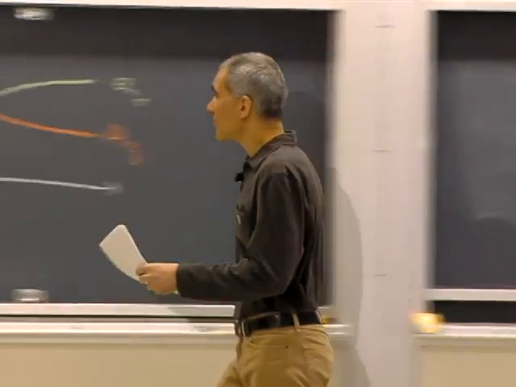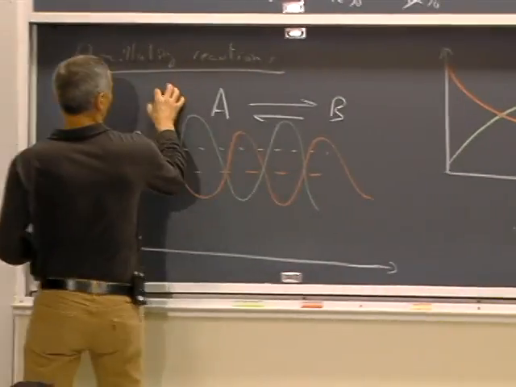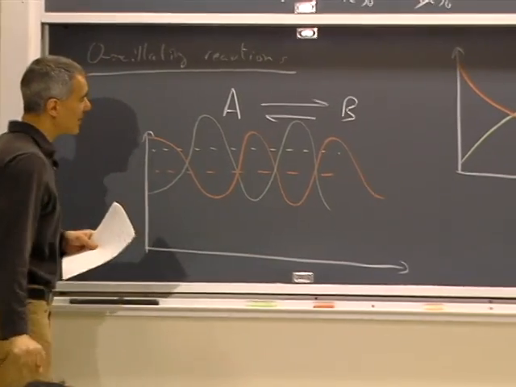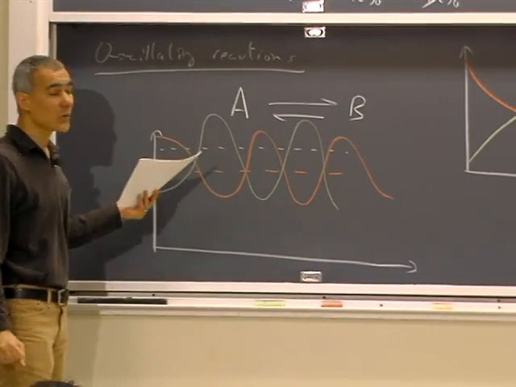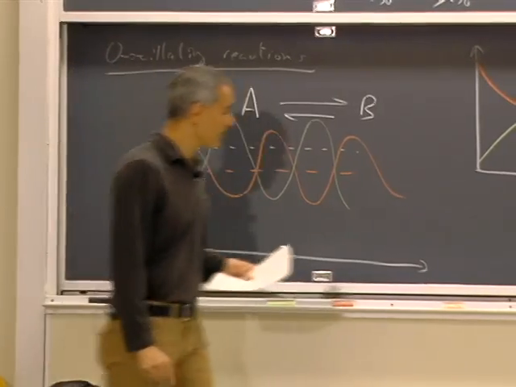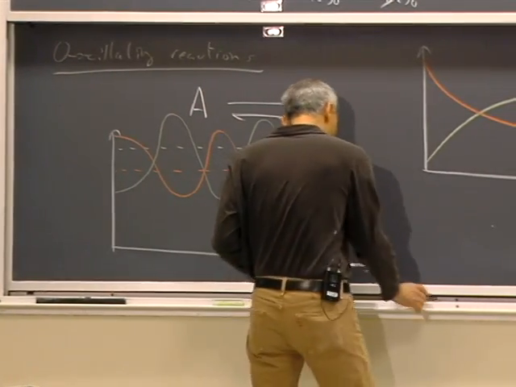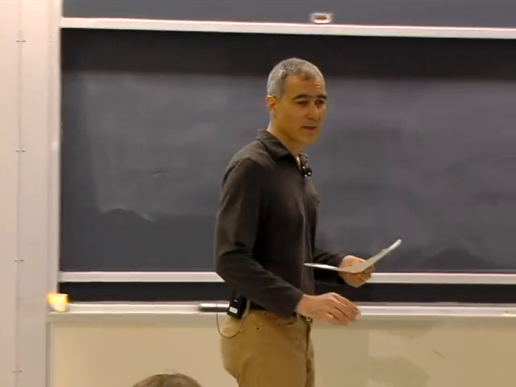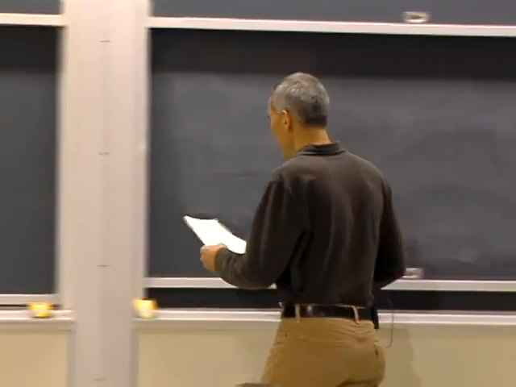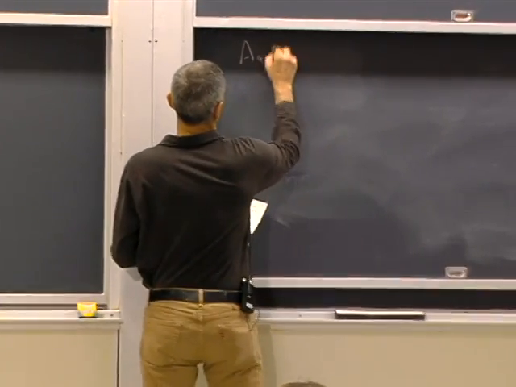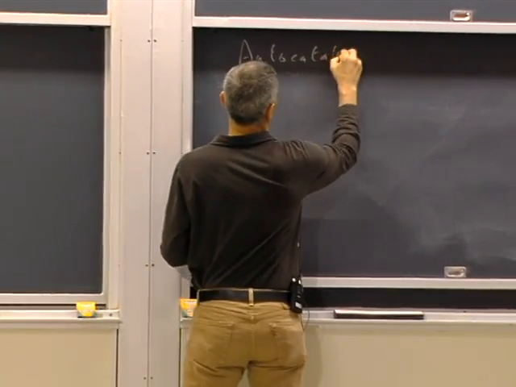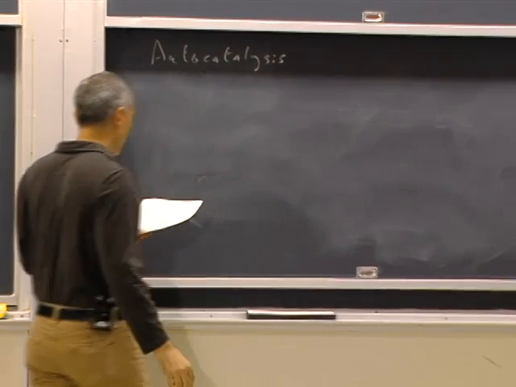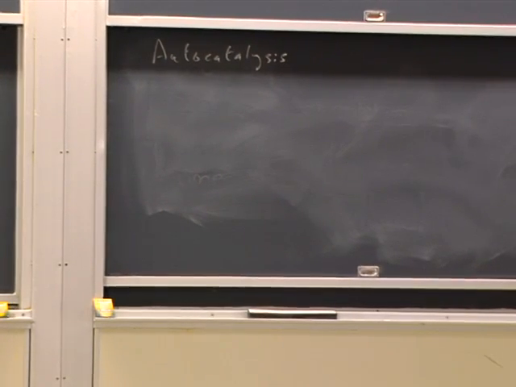Now, if you want to build a chemical process that looks like this, it's often very useful to have a particular step in the mechanism that's called an autocatalysis step. Okay. And that provides feedback.